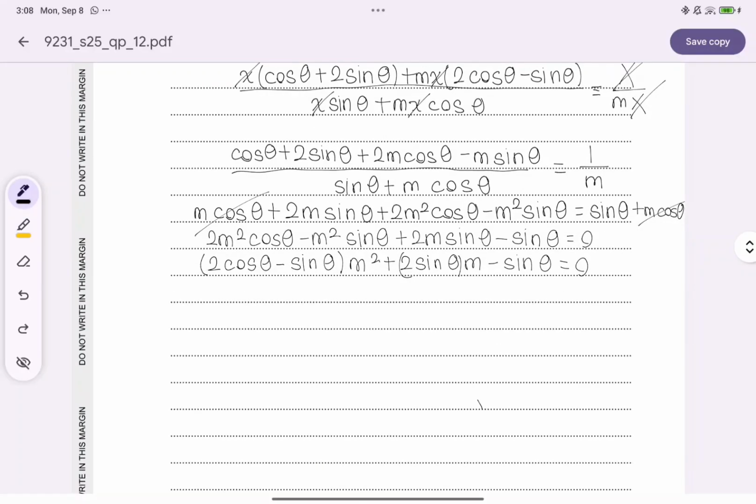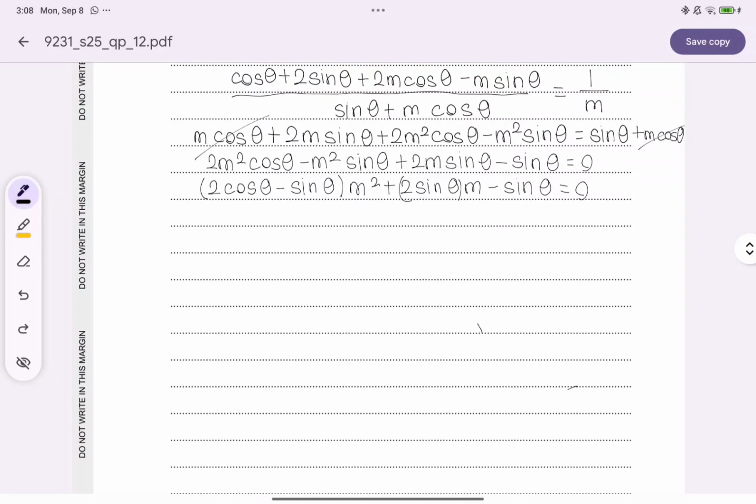So if you think about it, to have only one invariant line, there should only be one value of m. So using our discriminant b squared minus 4ac, we're gonna have to equate it to 0. So let's find out our b squared minus 4ac and equate it to 0.